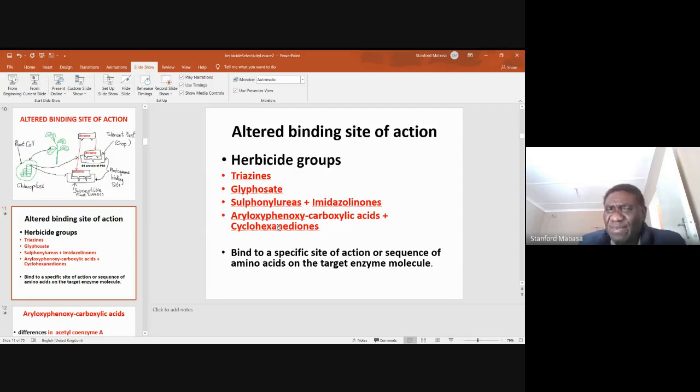If it is compatible with herbicides, the mode of action of the herbicide is expressed, and usually you get a plant being killed. But if there's no compatibility, the mode of action of the herbicide is not expressed, and this results in selectivity. The plant is not going to be killed.